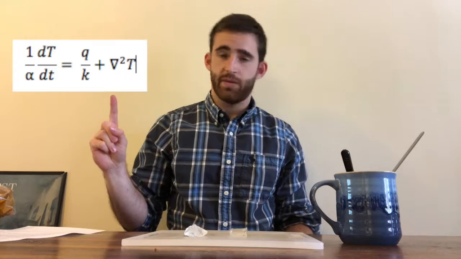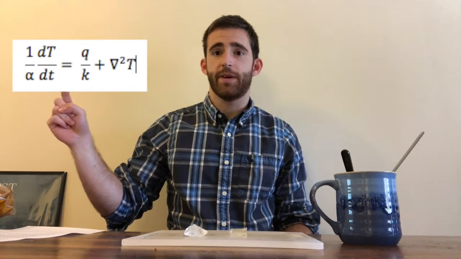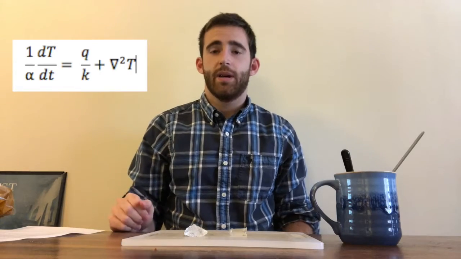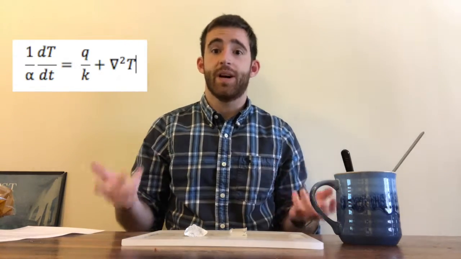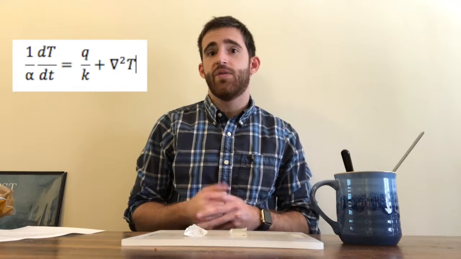Possible heat generation, we don't have any. And then over here on this end is the temperature variation with time. And you see that thermal diffusivity is a coefficient of that parameter. And that's really what we're focused on here, is how fast is heat going to move between these objects and the ice cubes.